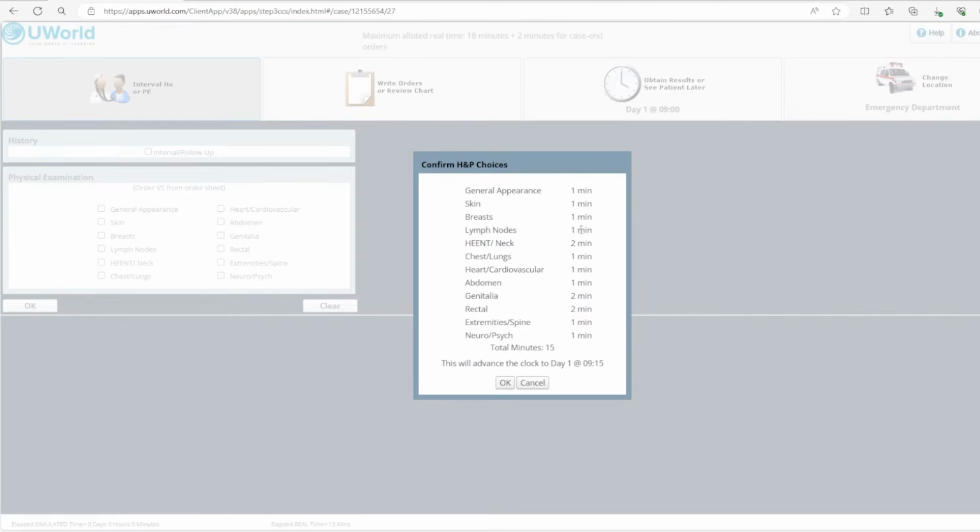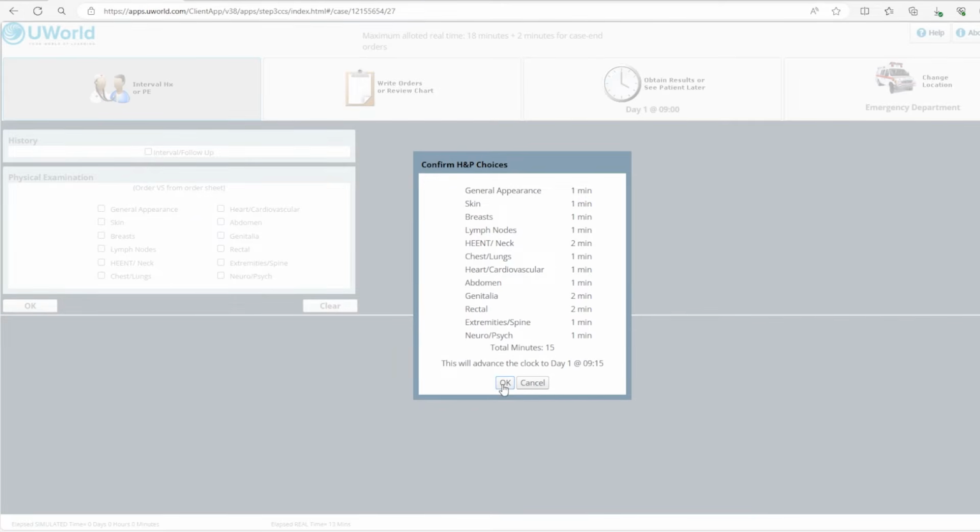And that's gonna tell you the time it's gonna take to perform this physical exam in simulated time, not in real time. It's gonna take 15 minutes. And now you can see why it's important to do a focused exam in certain cases, because if the patient is suffering and they're in severe pain, you don't want to be spending 15 minutes doing possibly irrelevant exams where you can be doing something else in simulated time.